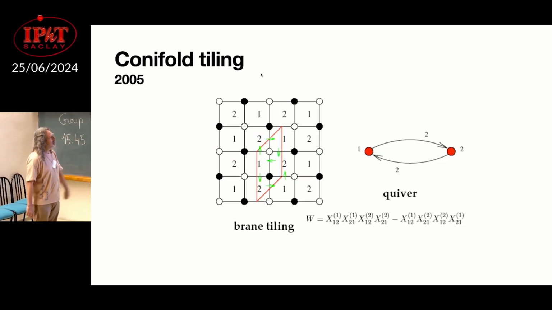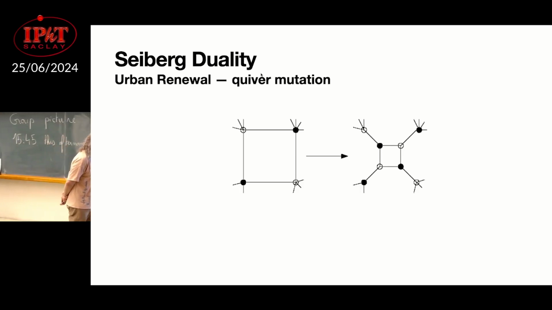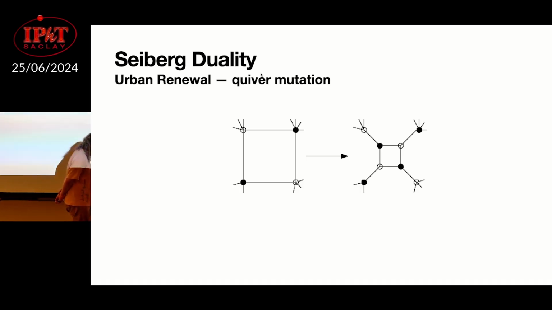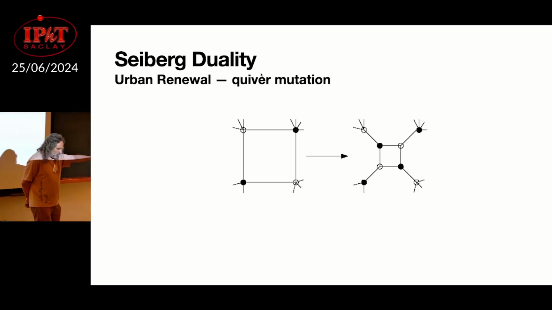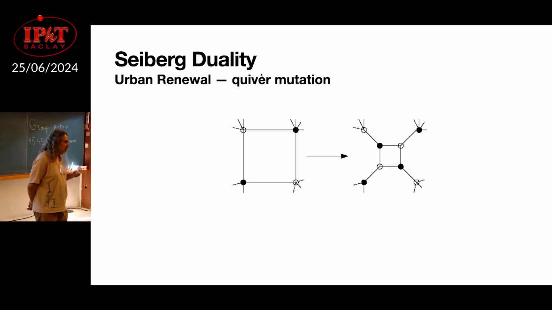Here's another example. This is called the conical tiling, 2 tiles, 2 types of squares. Here's the quiver, here's the superpotential. And the next point that you see, again, is taken not just from the work of Richard, but more generally from the work of people doing domino tilings.